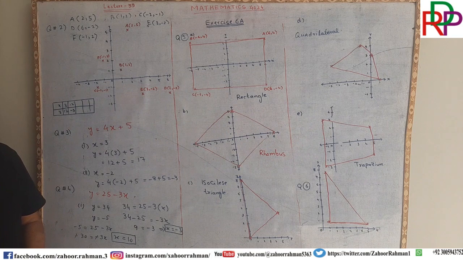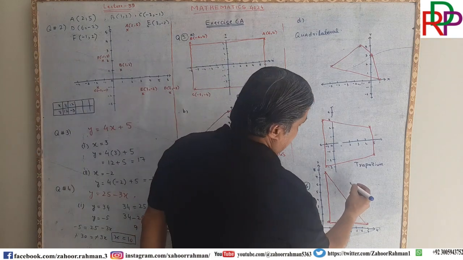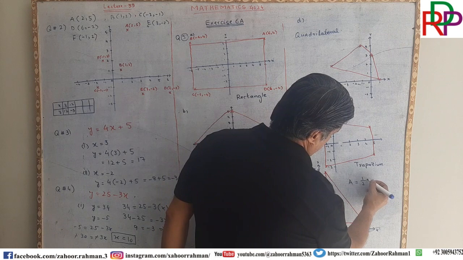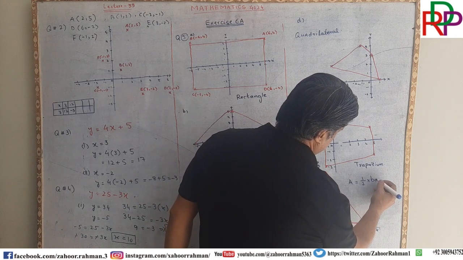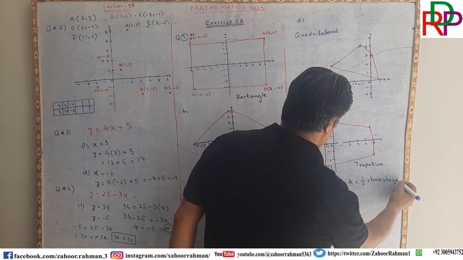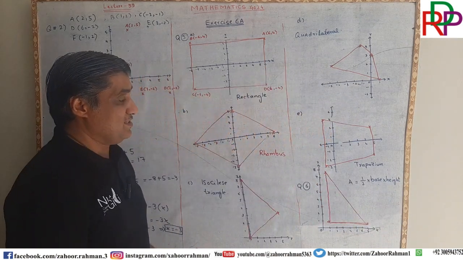Now they are saying find the area of these points. So area of a triangle is 1 over 2 into base into height. Keep this in mind while dealing with this question.